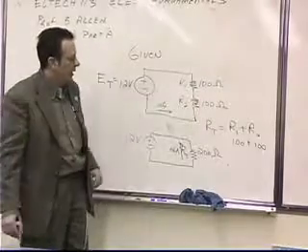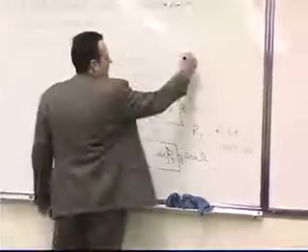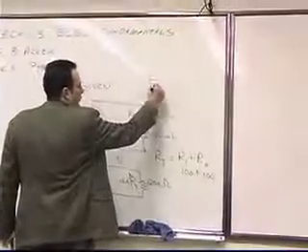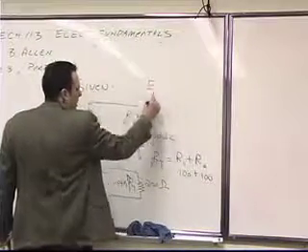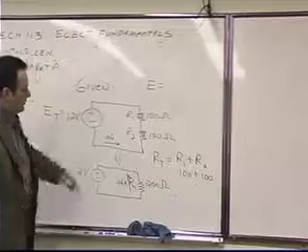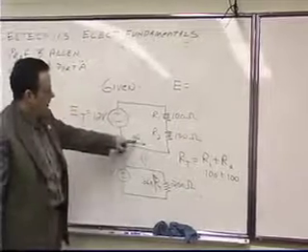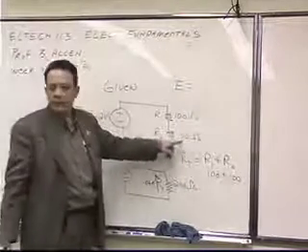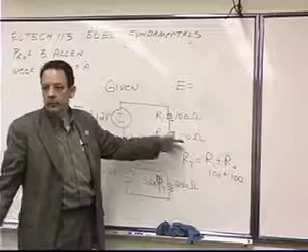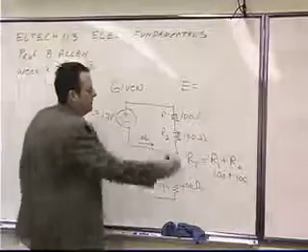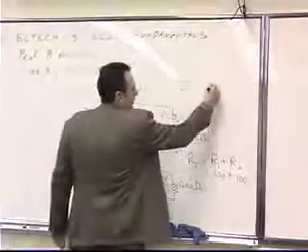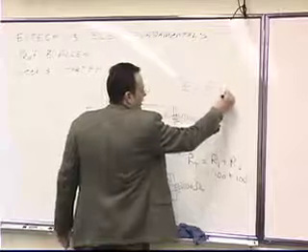So if I wanted to use the current to figure out the voltage drop across this resistor, I would go to Ohm's law and find the formula that says voltage is equal to what? Current times resistance, right?